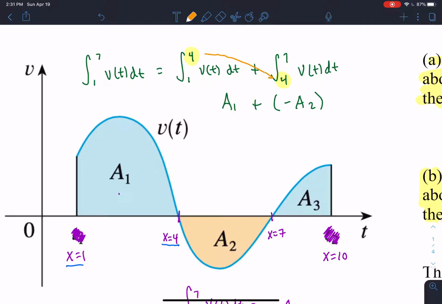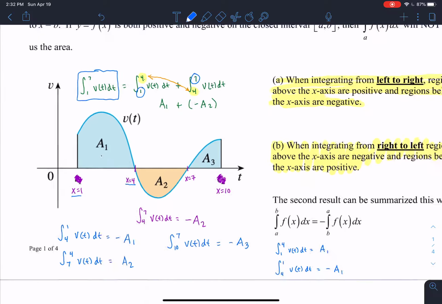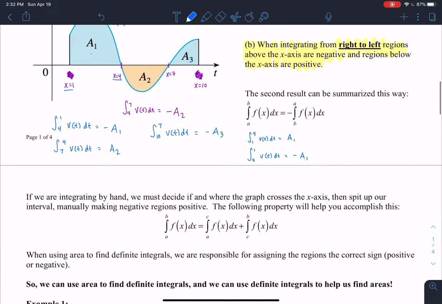If they match, and you imagine condensing these two integrals together, you end up with the integral from 1 to 7, which is what we have over here. The only way it works is if the top number on the first one and the bottom number on the second one are the same. If they're not, then you can't put them together.